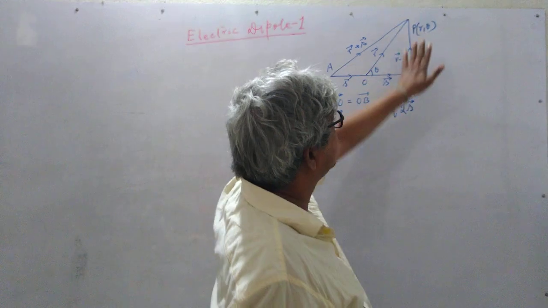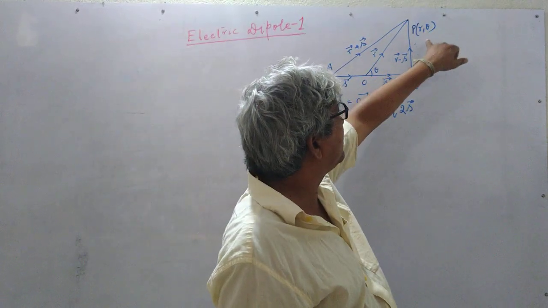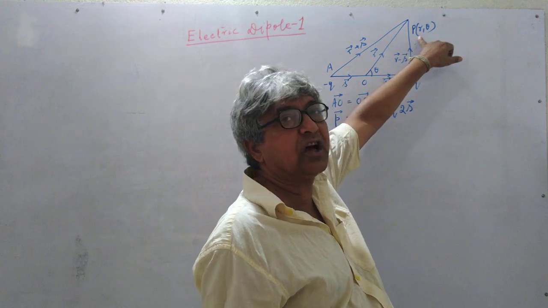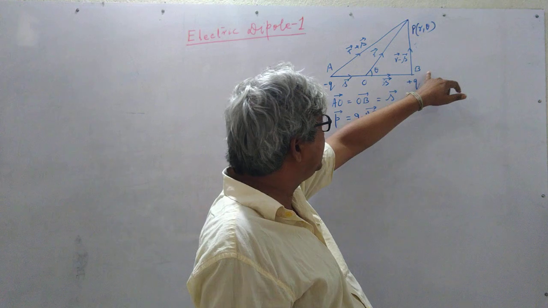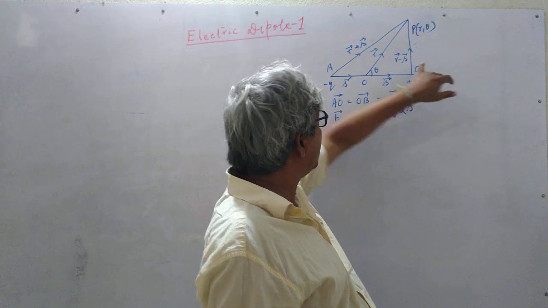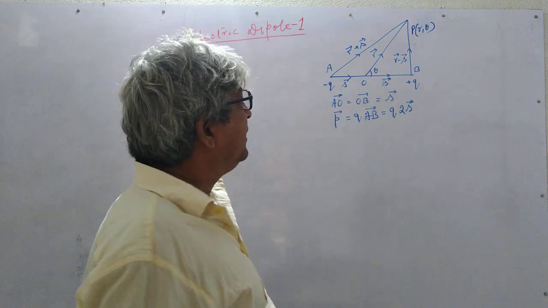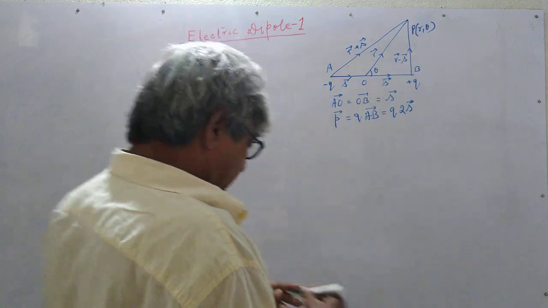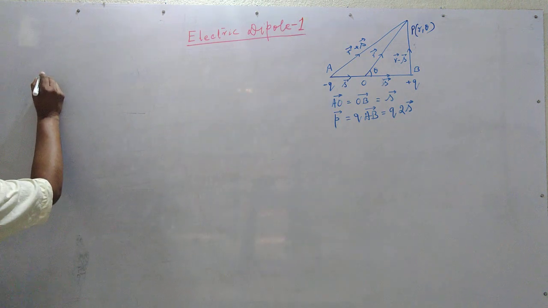So the geometry is in the xy plane, and for convenience we represent the coordinates of the point as r, theta. In that sense, the coordinate of point B is s, 0, and that of A is s, pi, and this is the origin, 0, 0. First we shall calculate the potential at P due to this dipole.